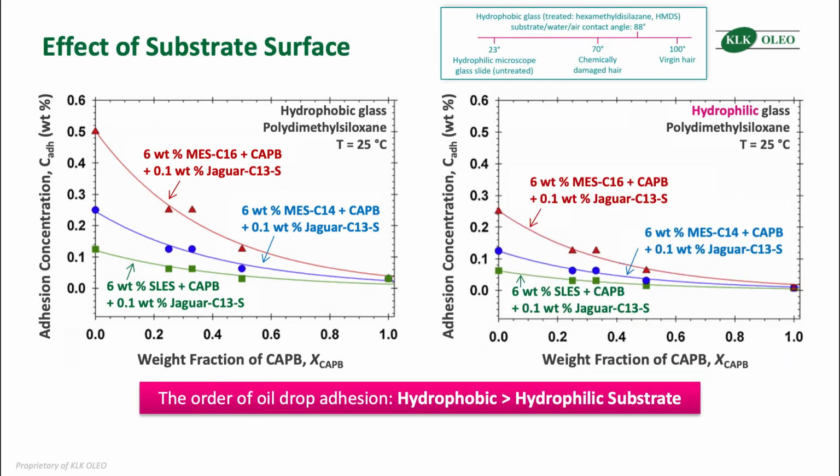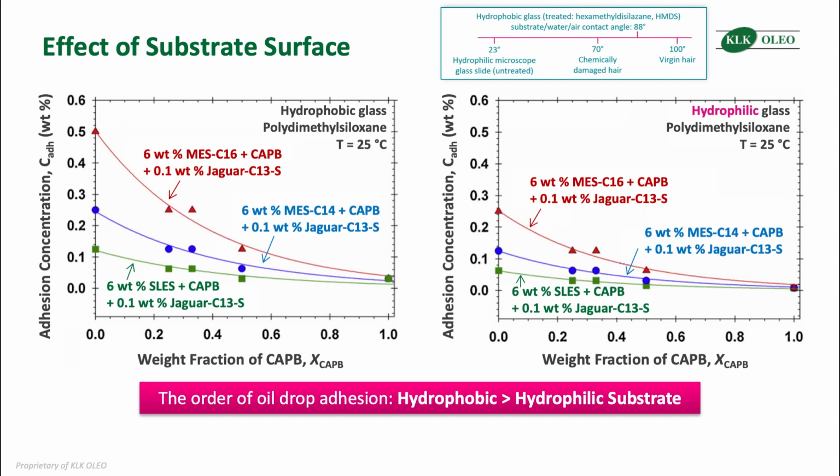We have also repeated these studies with the hydrophobic glass substrate replaced with an untreated hydrophilic glass. As mentioned earlier, the untreated hydrophilic glass has a contact angle of 23 degrees. This is significantly lower than chemically damaged hair, and therefore this is a rather extreme scenario.